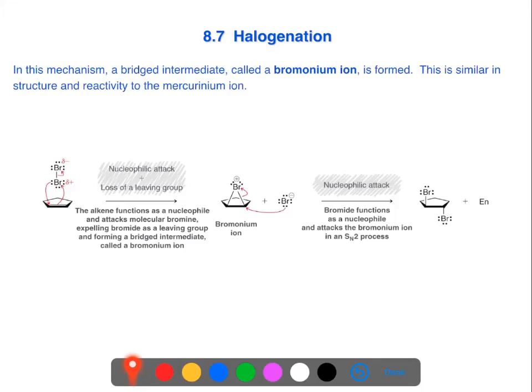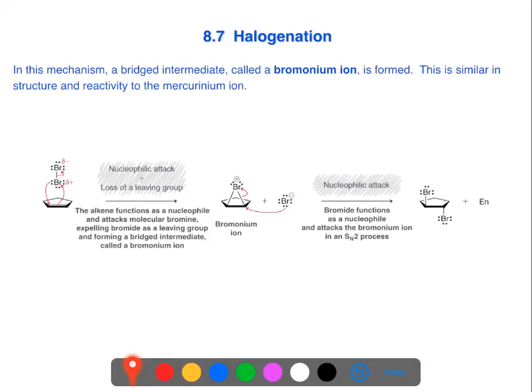As that's happening, electrons from the bromine atom are going in two directions. A pair will form an interaction with the other carbon of the alkene, and at the same time, the bromine-bromine covalent bond is breaking. So there are two steps occurring at the same time.